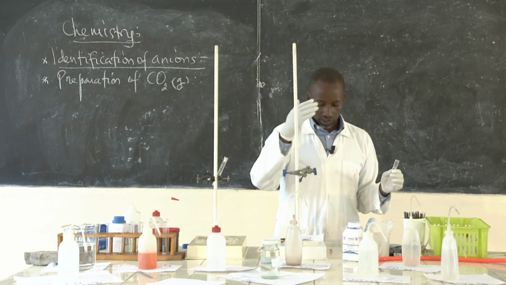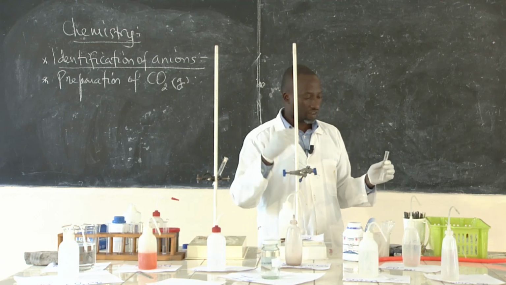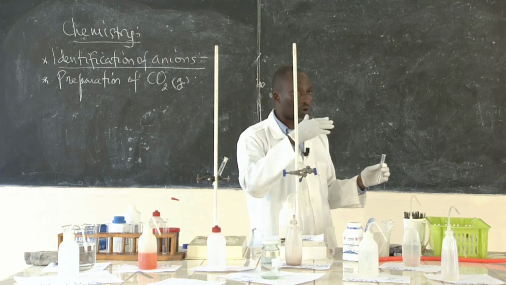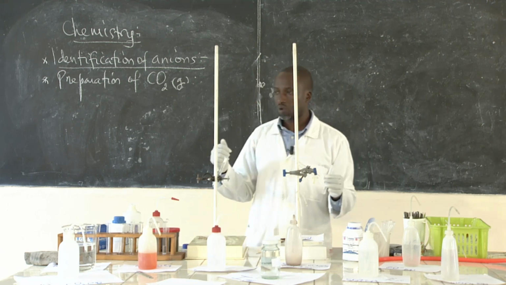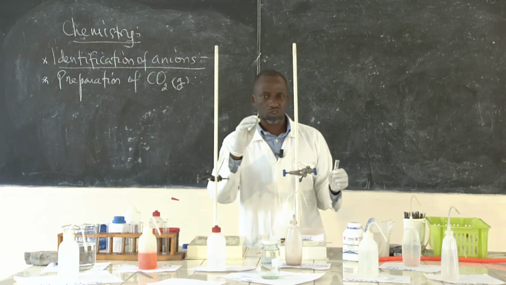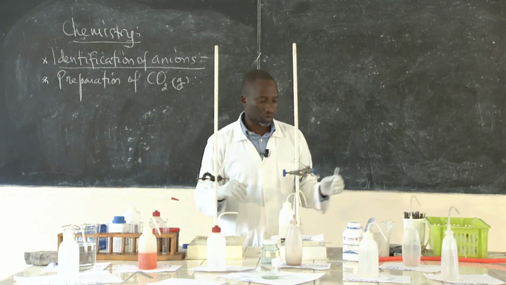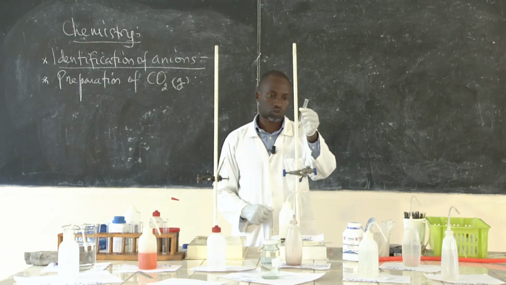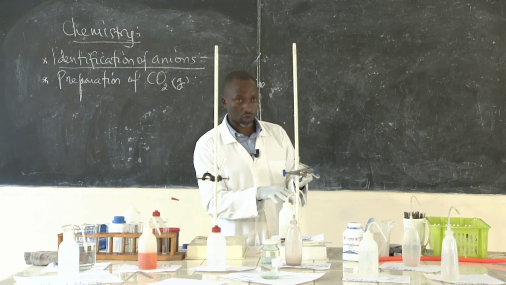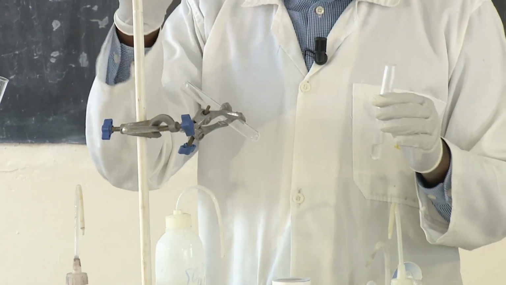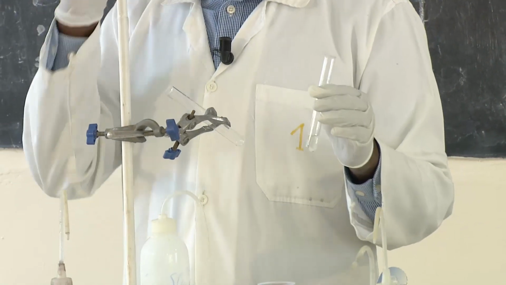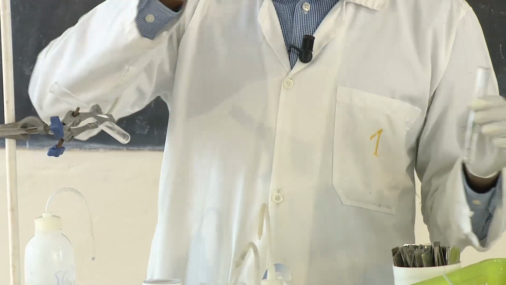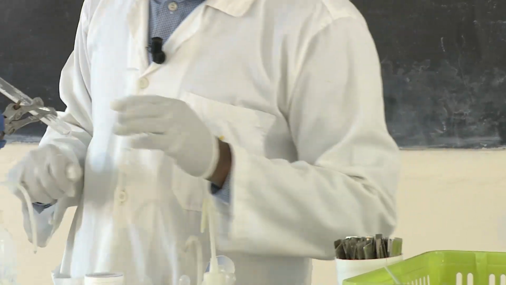Others are insoluble except lead sulfate. Lead sulfate is insoluble. Barium sulfate is insoluble. Calcium sulfate is slightly soluble. So this solution is extracted from sulfates except the lead, the barium, and the calcium sulfate, which I mentioned is slightly soluble.